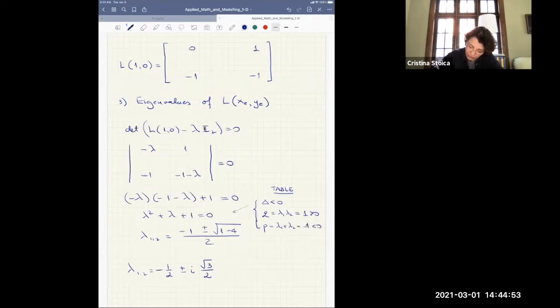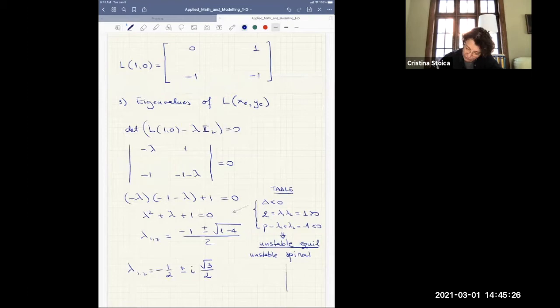And you deduce from this that this is an unstable equilibrium, and it's actually an unstable spiral. So this is an unstable equilibrium, and what type of instability is an unstable spiral?